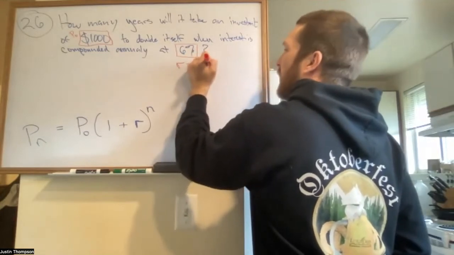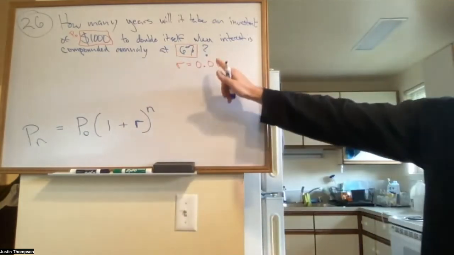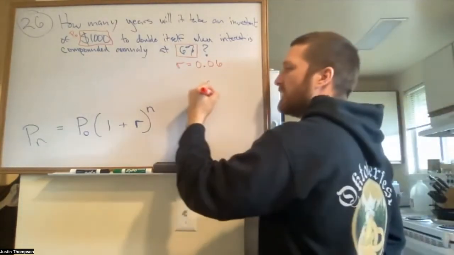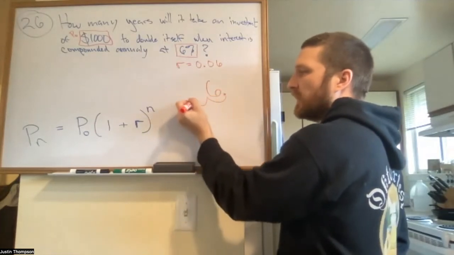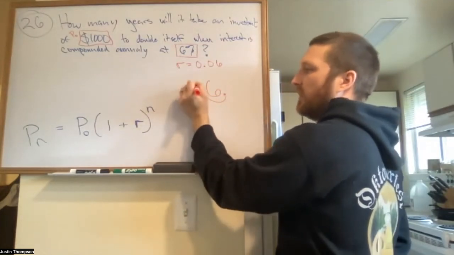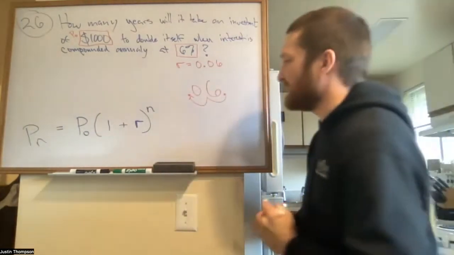I'm going to put a 0 out front so it looks sweet. If you're ever worried, you take 6% and move the decimal literally two places to the left, picking up a 0. So that's 0.06.